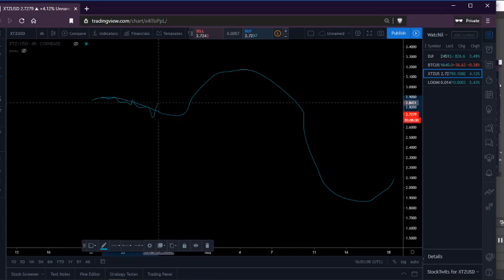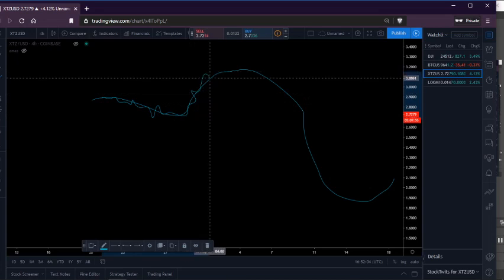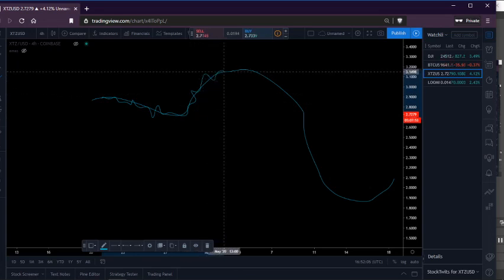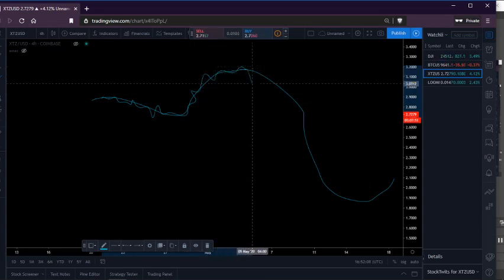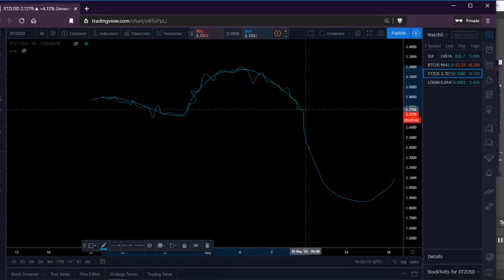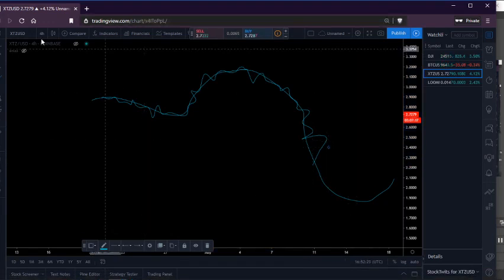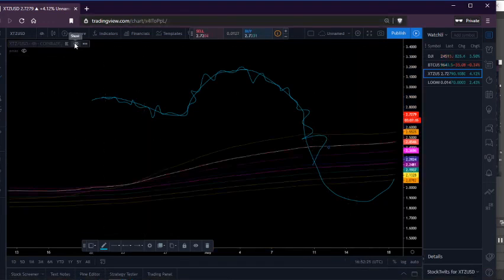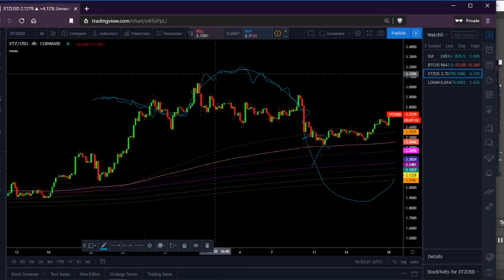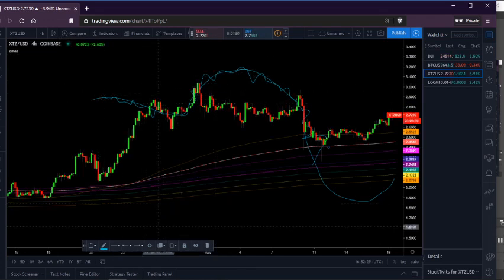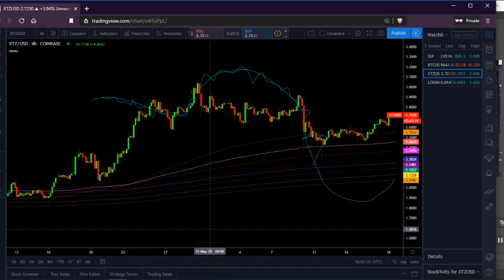If an asset is trading upwards, those center lines are moving up with the chart, and they fluctuate within the chart. Let me get this off. I don't know how to, there we go. Well, I can't delete it.